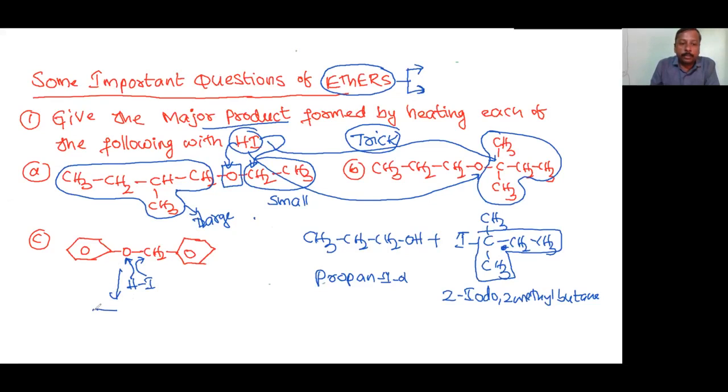Then the product will be phenol plus, on the benzene ring, CH2 with iodine. So this is phenol and this is benzyl iodide. And this phenol I think everybody knows.